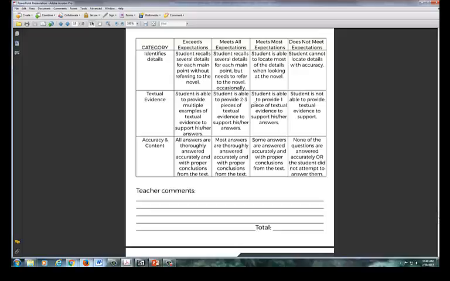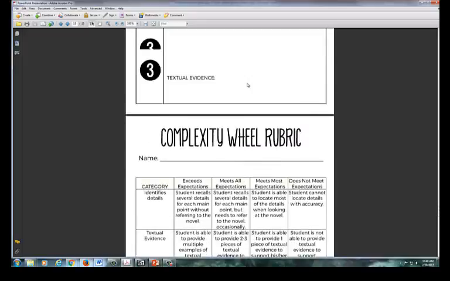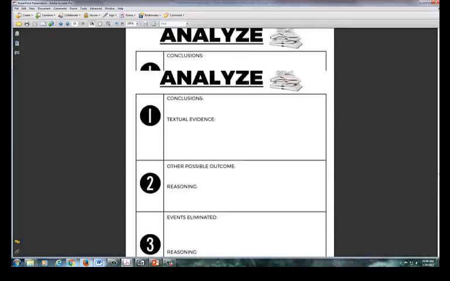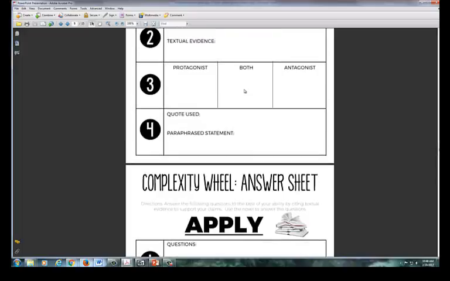Okay, whatever works best for you. It might be that you want to do a couple of questions as you go. The remember questions are pretty easy, but you want to save most of it for after you finish reading. That is again going to be up to you and your partner to decide.